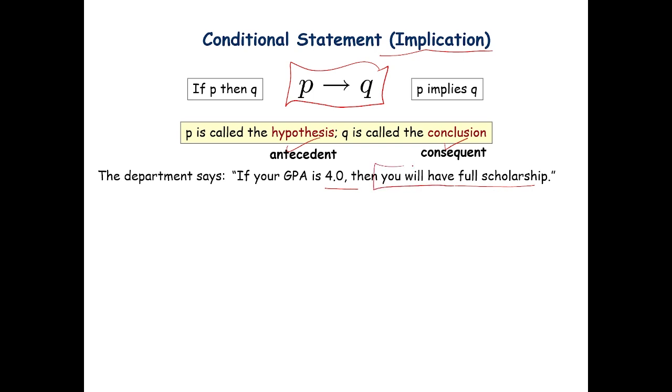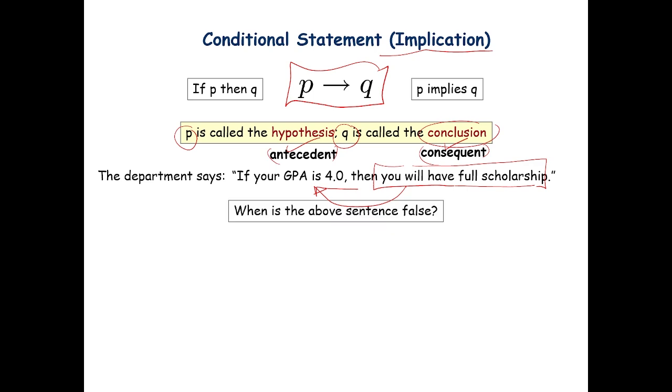Your chance of getting the full scholarship totally depends on your GPA. Here P is "your GPA is 4," and Q is "you will have a full scholarship." So P is the hypothesis and Q is the conclusion. We can also call the hypothesis the antecedent and the conclusion the consequent.